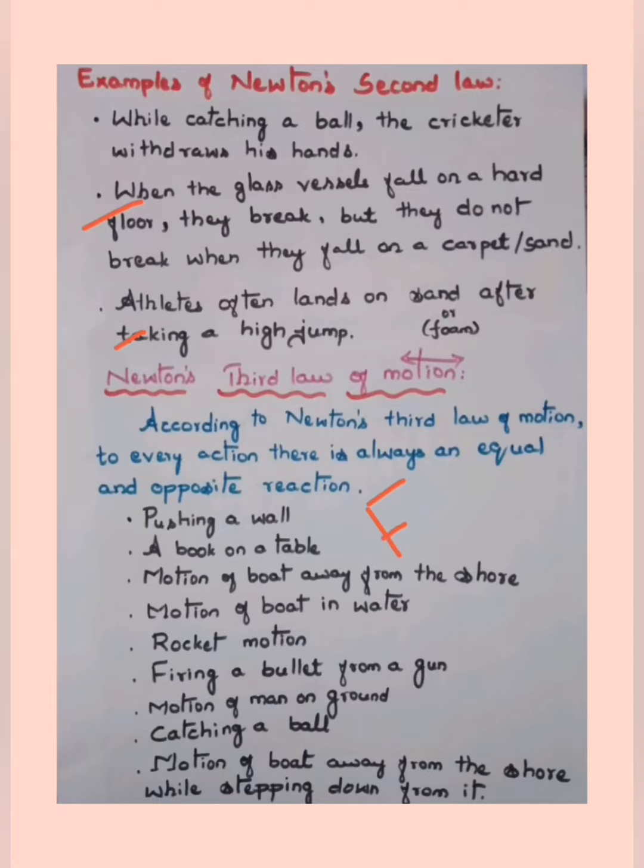Force is equal to momentum by time taken, the rate of change of momentum. When you increase the time in which the object approaches the person, automatically the force applied on it decreases. When time increases, force decreases. Momentum also plays a role, but the key factor is the time delayed.